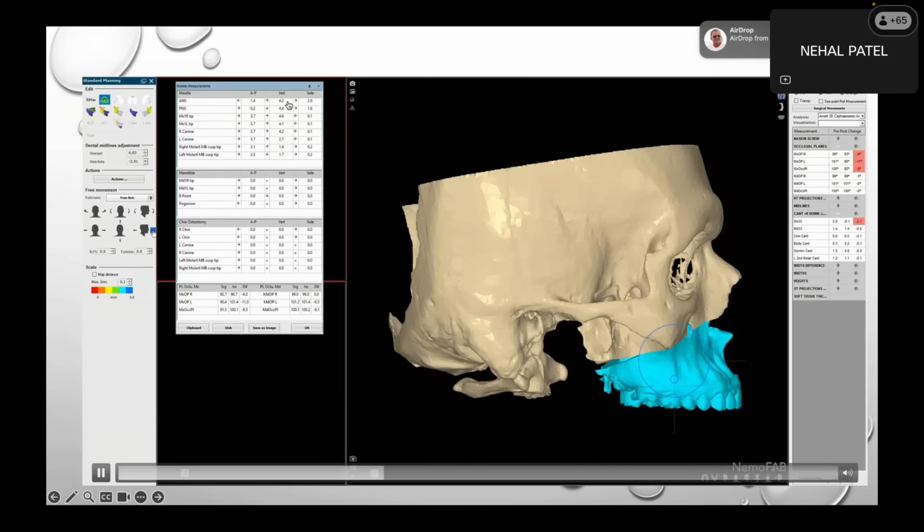If you look here on the left side, vertically the maxilla has gone up around 4 millimeters, we have advanced the maxilla around 6 millimeters, but if you see it, this pyriform rim remains in the same position.